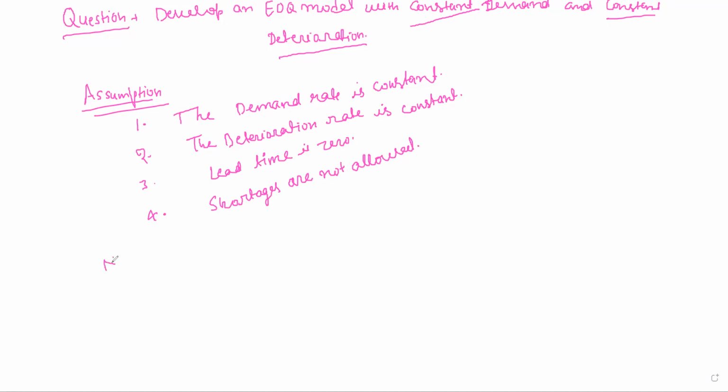Now we write the notations. So first notation will be, we can write D for demand. So D denotes the demand rate. Now the second one, theta. This is the deterioration rate. You can write rate of deterioration.